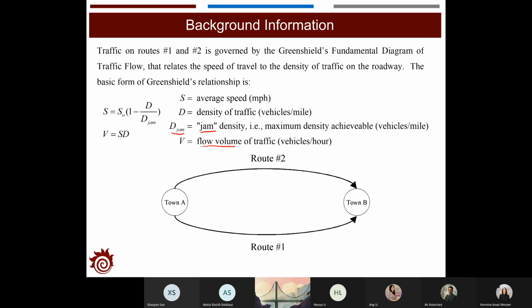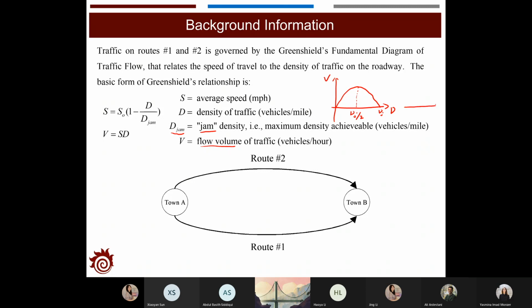Before I go to further introduction about the background, I would like to give you some idea about what the Greenshields fundamental diagram looks like. This is the flow-density relationship. It's a concave relationship, and the maximum value falls around half of dj, half of the jam density.